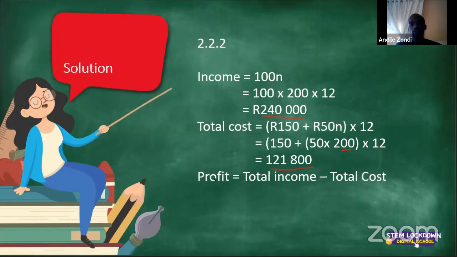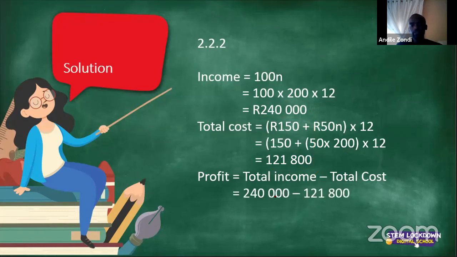The formula is profit equals total income minus total cost. Everything is actually simple. This value must come here, and this value must go there.